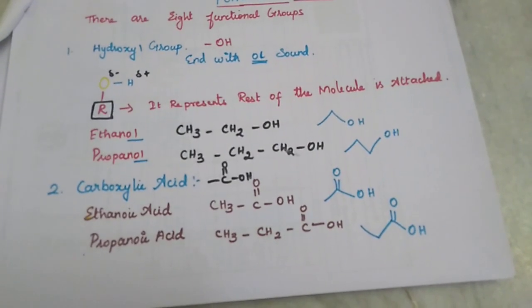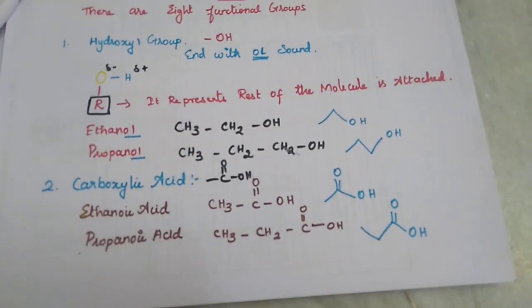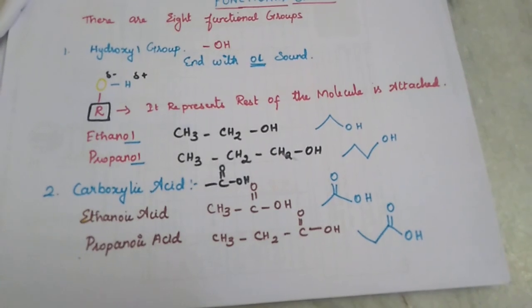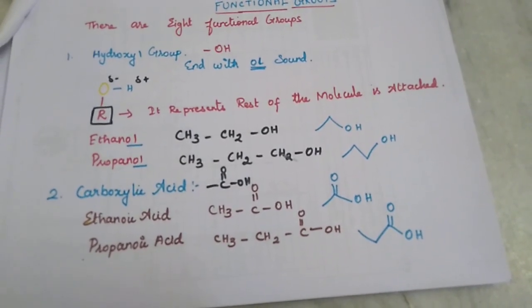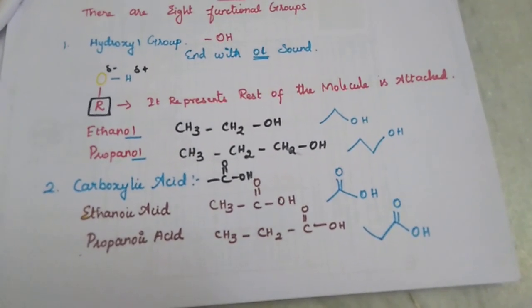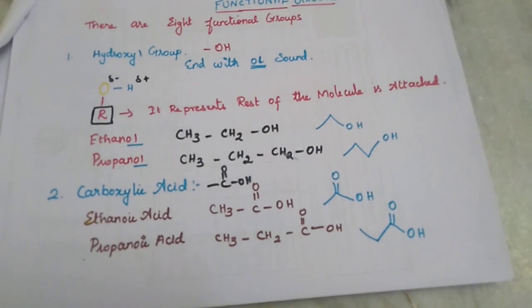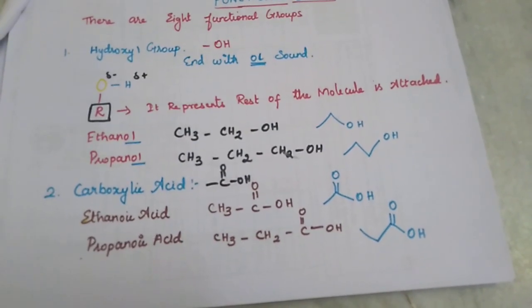You know the formula, COOH. That COOH is attached to your alkyl group. You see here you have an OH group as well as a keto group, but they are not in separate form. Already I told you OH is a functional group, but it does not act separately in your carboxylic acid.